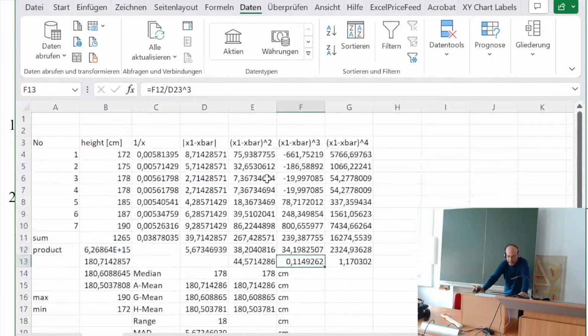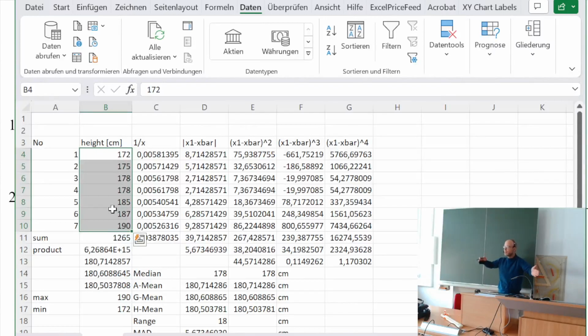Well, we have only 7 data points. If we look at these numbers, then the maximum and the minimum are roughly the same, 175 and 185. The second largest is also around 187.